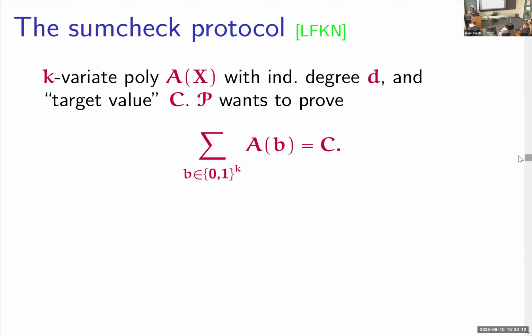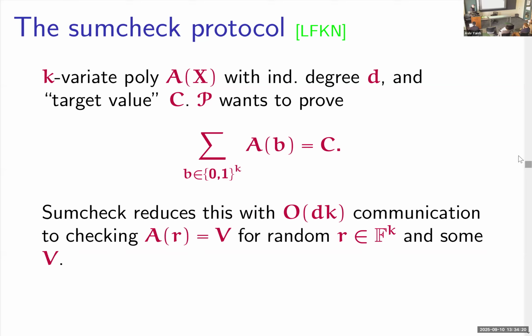And P wants to prove to a verifier that the sum of A's values over the Boolean hypercube is C. It's usually useful to think of the SumCheck rather than a full protocol as a reduction.